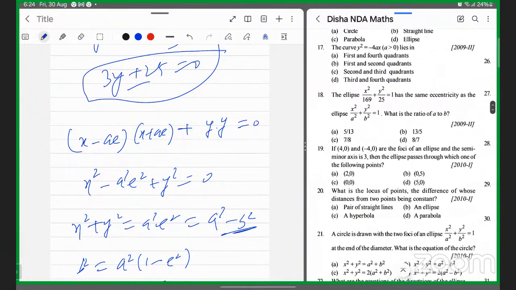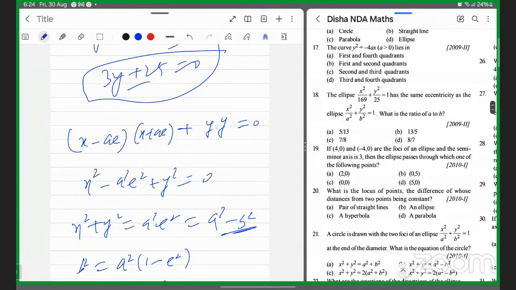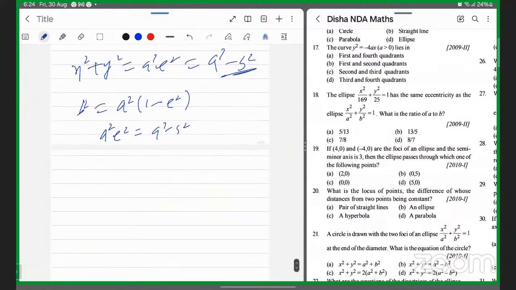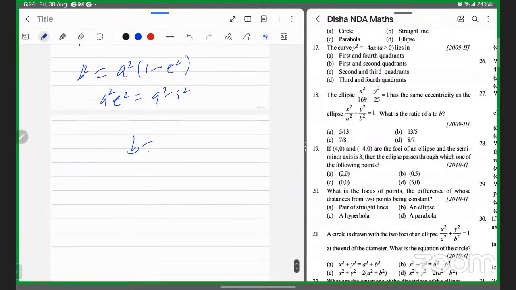Now 19. The point 4 comma 0 is a focus of the ellipse. Semi minor axis b is 3. The ellipse passes through which one of the following points? So I have AE, AE is 4, focus is given.